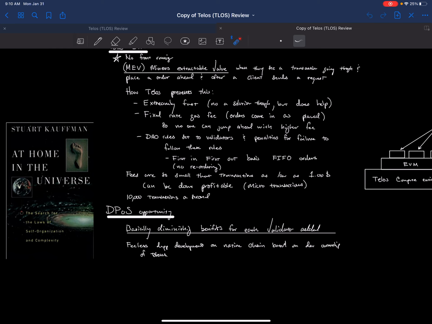That is very fair. Telos, at least the Telos Ethereum virtual machine, runs in a very fair way because it doesn't switch up how things come in. It's first in, first out. This first in, first out doesn't allow for people to jump ahead of other people, and that's extremely important.